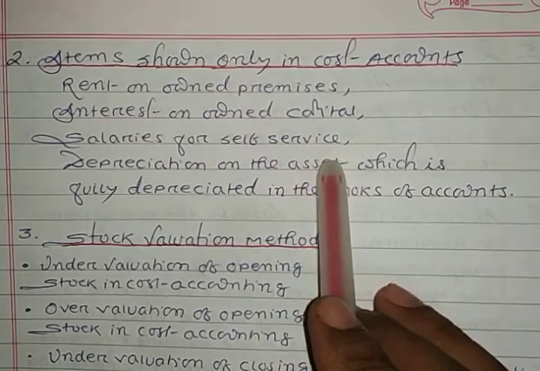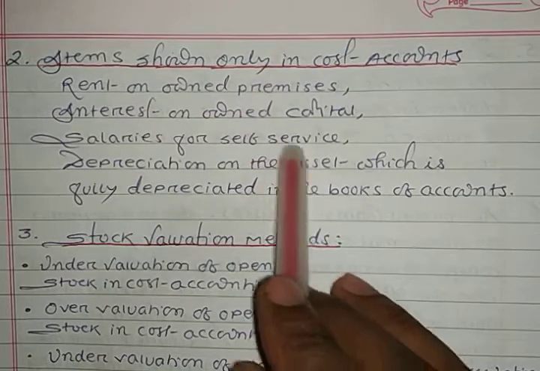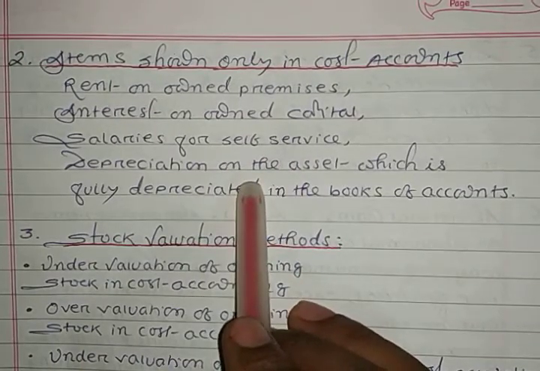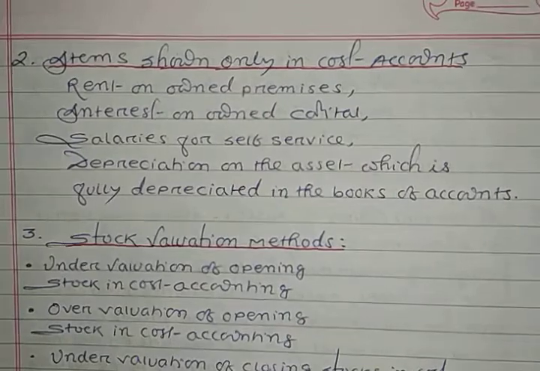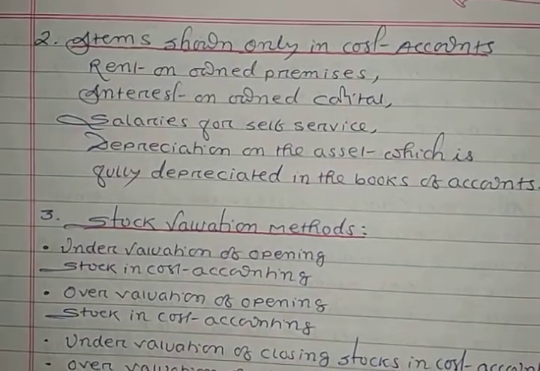These are all expenditures recorded in cost accounts but not recorded in financial accounts. Right? This is the second reason for disagreement in profits.